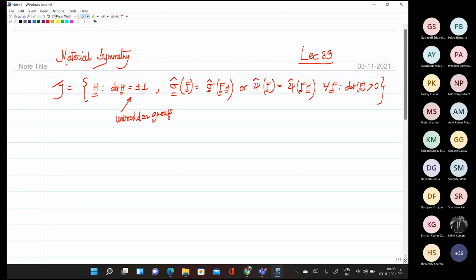So I can just write here that for the isotropy group, this G is equivalent to what is called O3. So O3 is for orthogonal group.